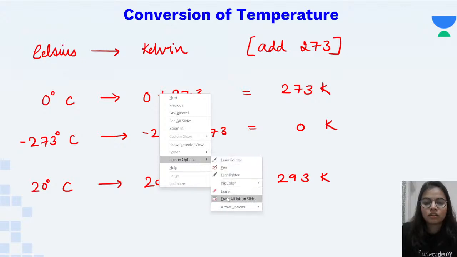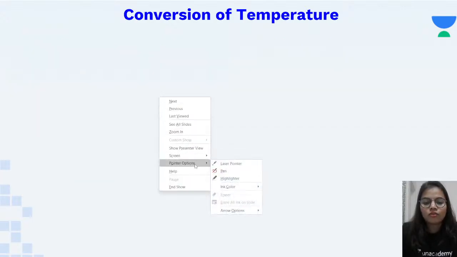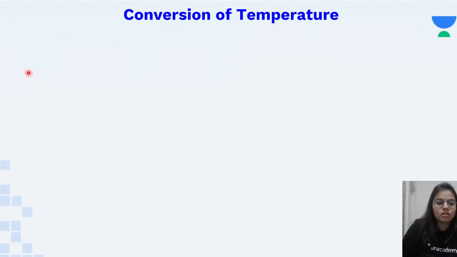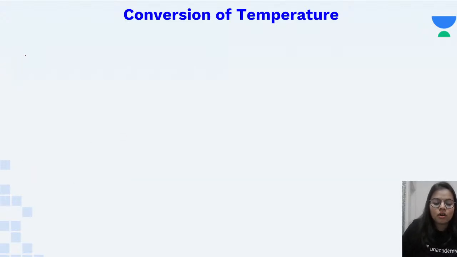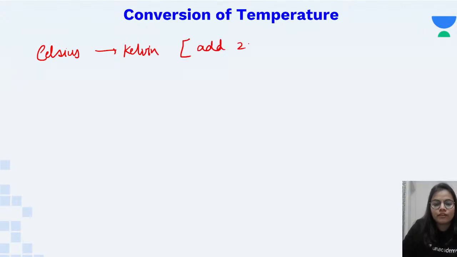So we learned about conversion from Celsius to Kelvin. And what was the equation? We just needed to add 273.